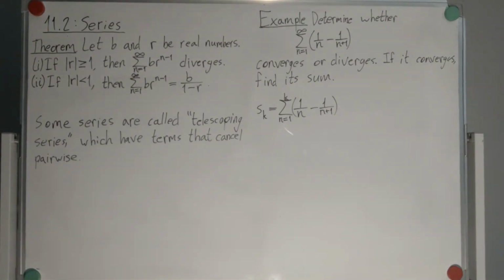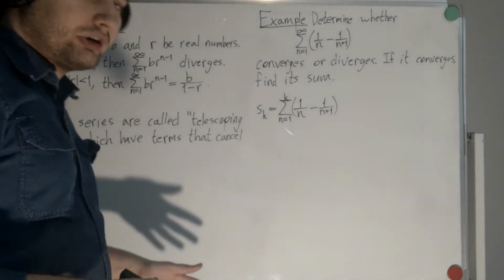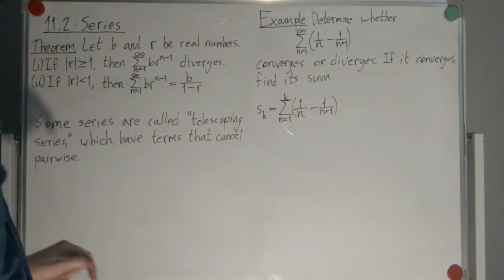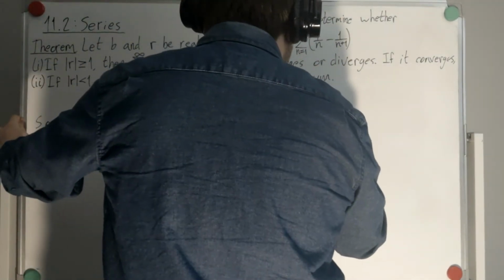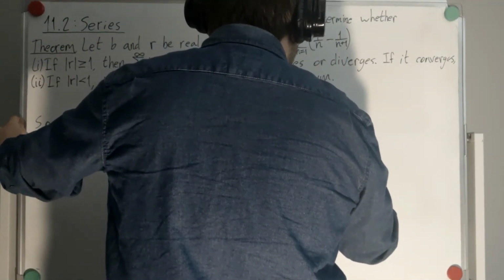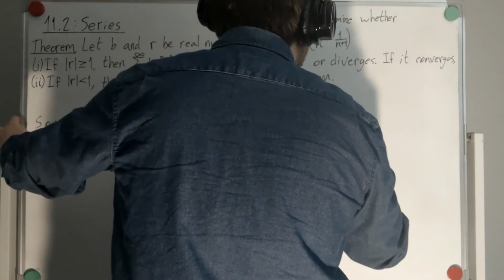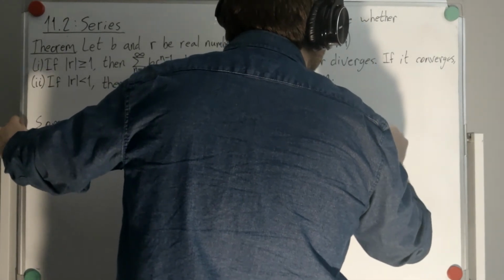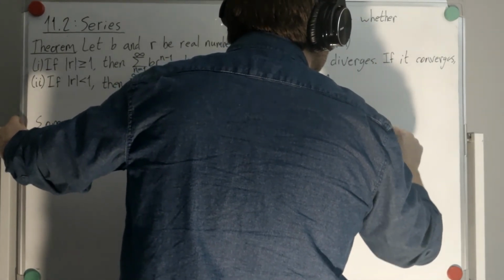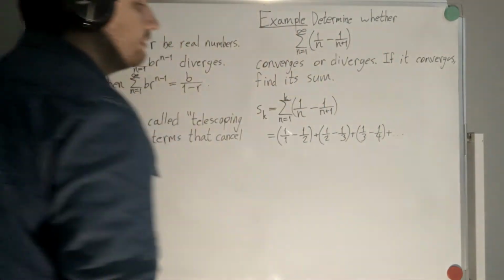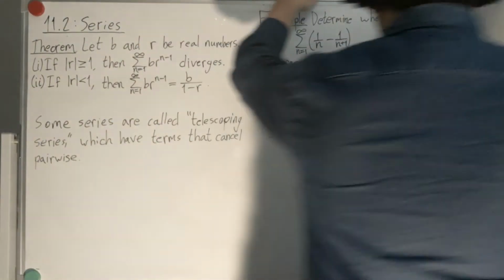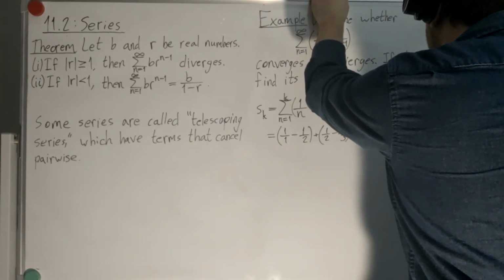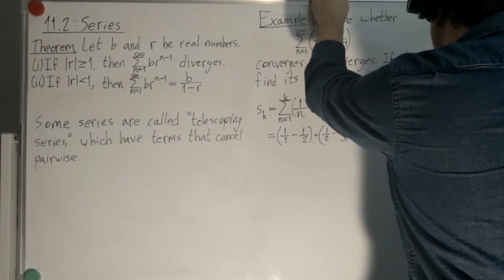Now, at first that doesn't look great. That doesn't look like it'll be easy to deal with, but let's write this out in a different way. This is 1 over 1 minus 1 over 2 plus 1 over 2 minus 1 over 3 plus 1 over 3 minus 1 over 4 and so on, all the way up to, let's see, the second to last term is going to be 1 over k minus 1 minus 1 over k.